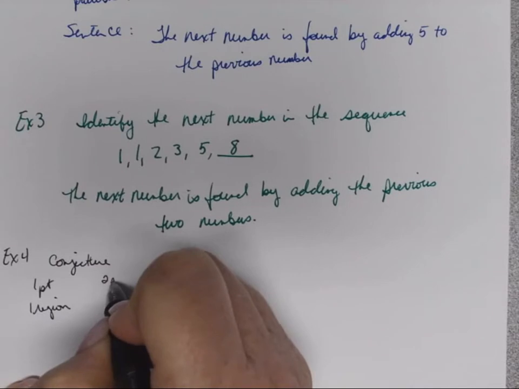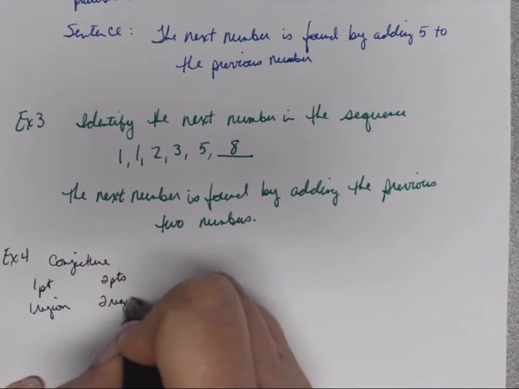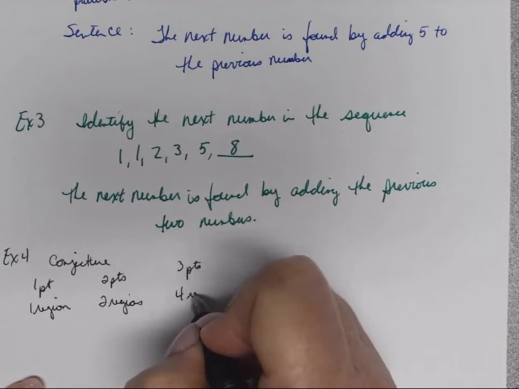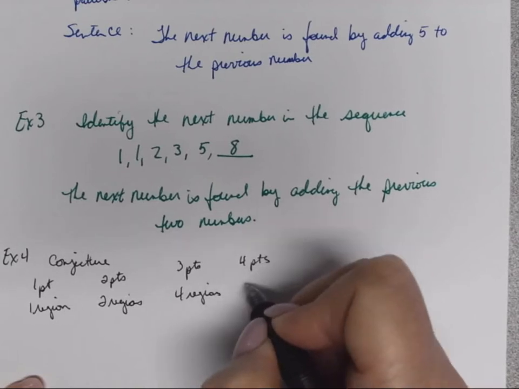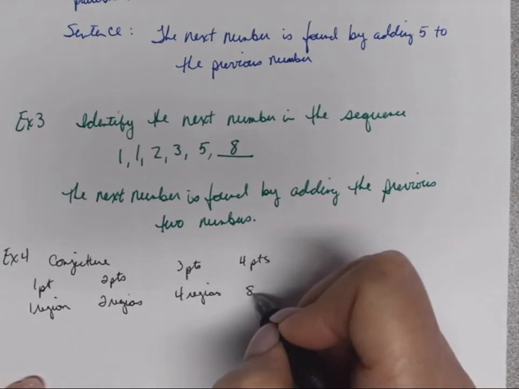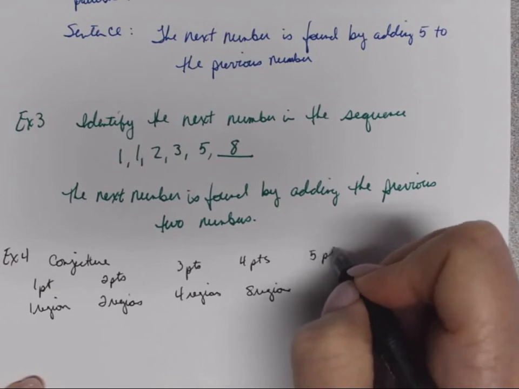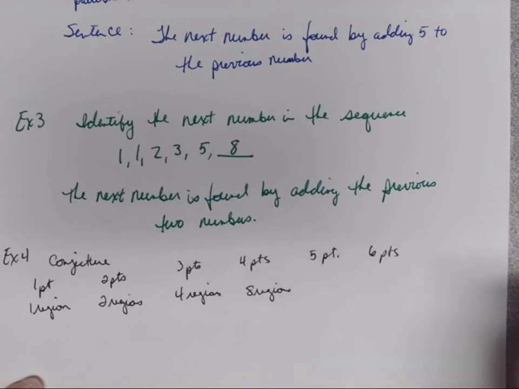For 2 points, we had 2 regions. For 3 points, we had 4 regions. For 4 points, we have 8 regions. So we would have 5 points and we would have 6 points, because that's what we're looking at.